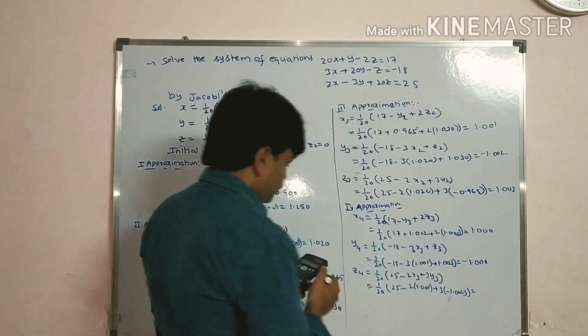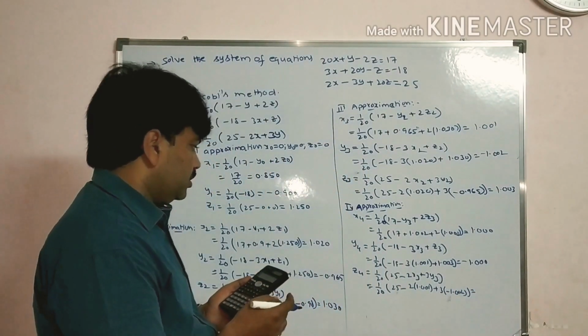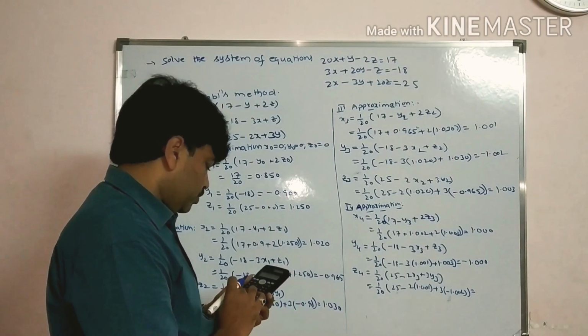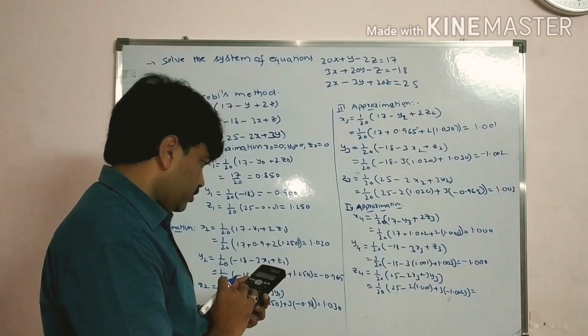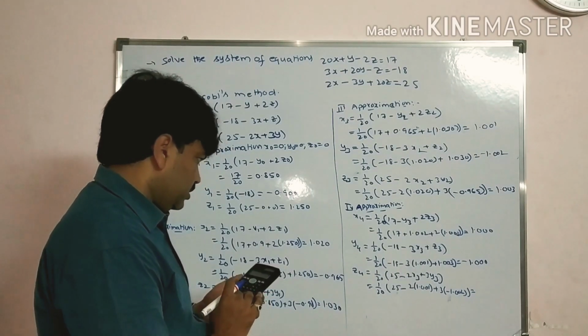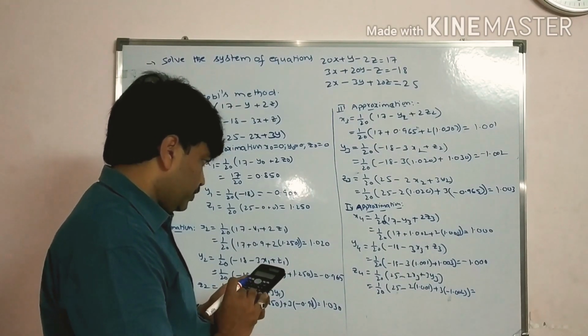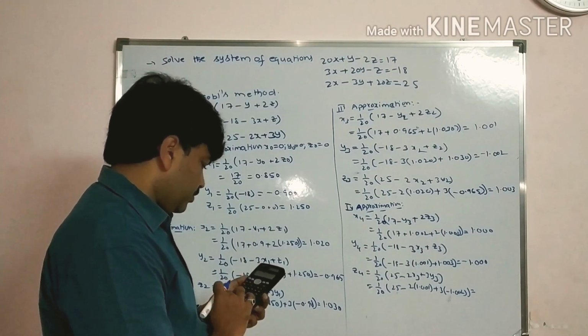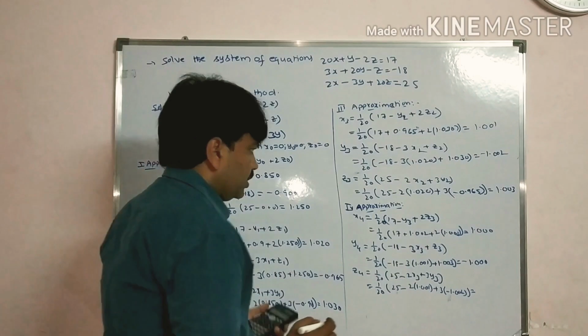That is equal to bracket 25 minus 2 into 1.001 minus 3 into 1.002, bracket close, divided by 20. So that is equal to, we get here, 1.00.